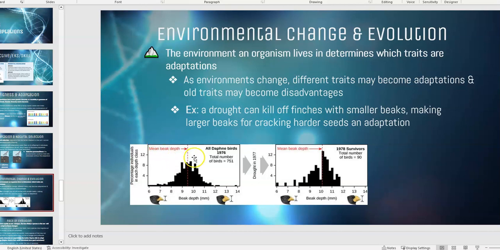For instance, when you look at birds with different beak depth, percentage of individuals with a certain beak depth, in drought, finches with smaller beaks may be less advantageous because the only seeds that survive in a drought are those that have harder shells. And so the only food available is hard shells, which makes larger beaks an adaptation and more advantageous. So these traits can evolve and become part of the evolution of the species.